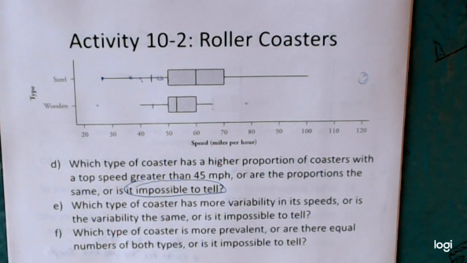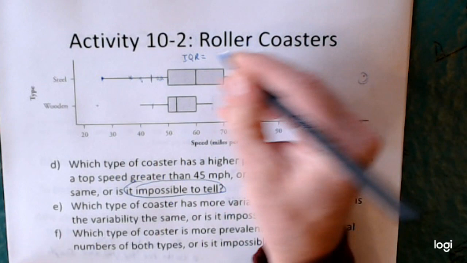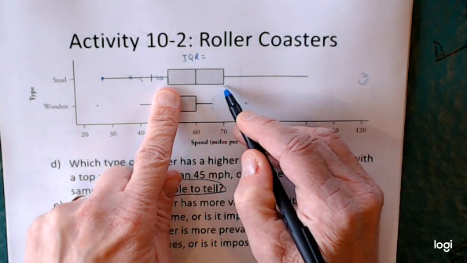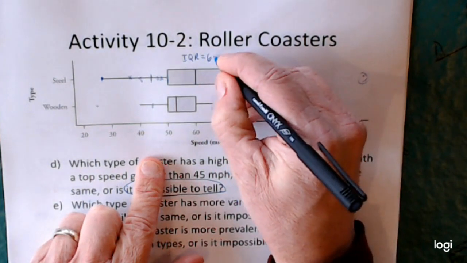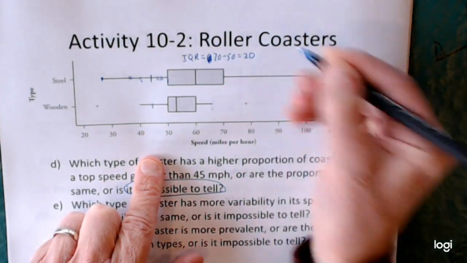We would rather measure variability using the IQR though, and that is something we can really nail down well. For the steel coasters, the IQR is the difference between the upper quartile and the lower quartile. So it's 70 minus 50, or 20.